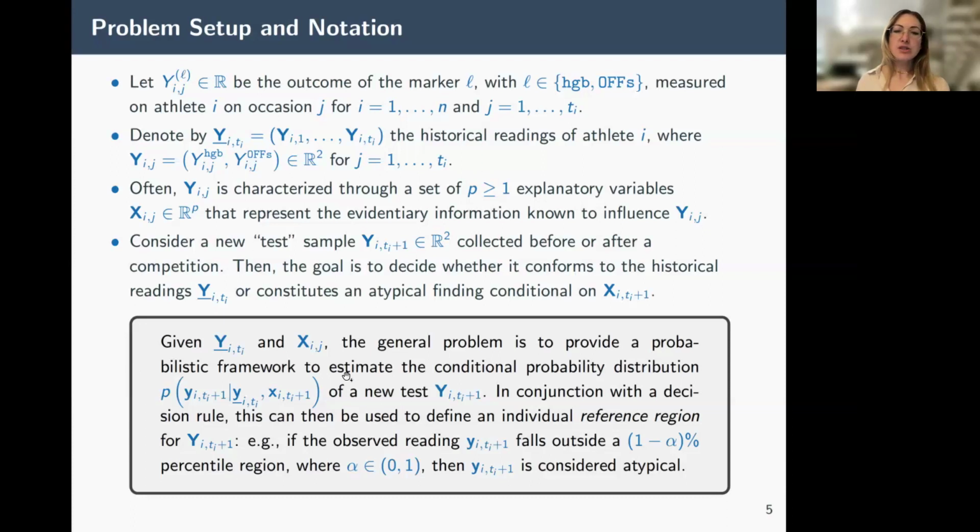So in conjunction with a decision rule, this probability distribution can be used to define these individual reference regions for the new test. And as mentioned before, if the observation falls within the reference region, then the sample is going to be considered normal. Otherwise, it will be considered atypical.